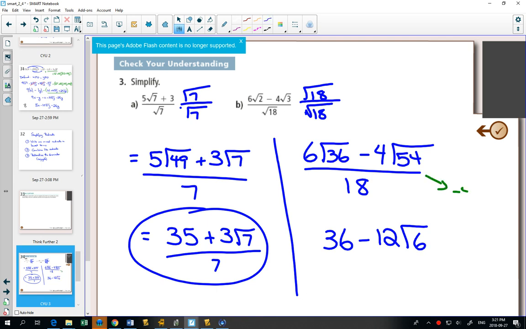Here's the intermediate step if you missed that. Does that make sense with the intermediate steps there? So you can write as many of those steps down as you want. And this is still all over 18.